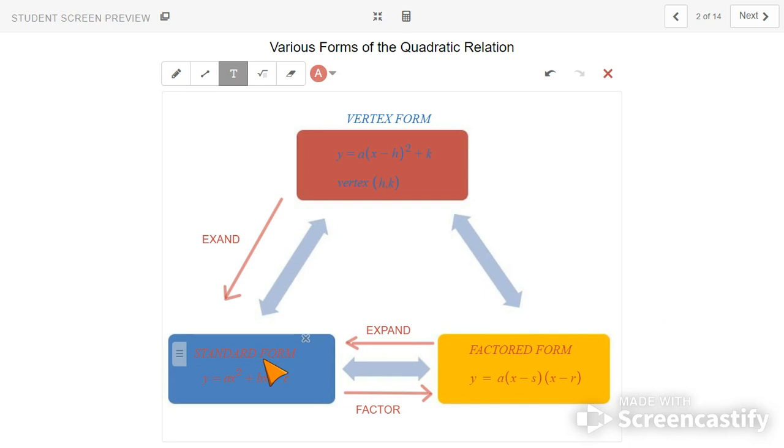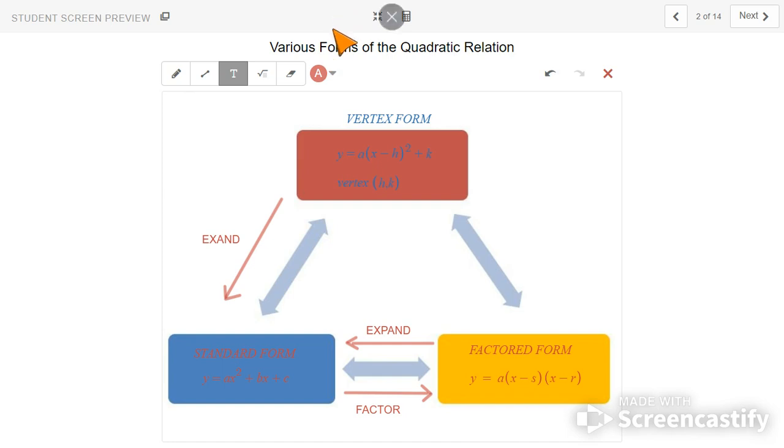We're going to talk about going from standard form back to vertex form today and in the next class. From factored form to vertex form, it's pretty complicated, so usually it's easier to go this way, even though there is a direct relation between those two.